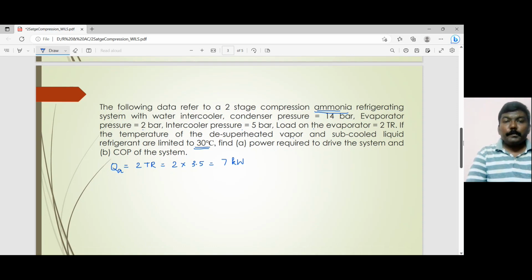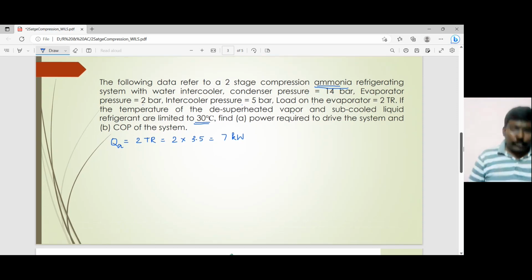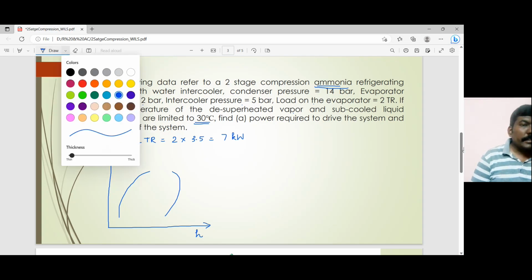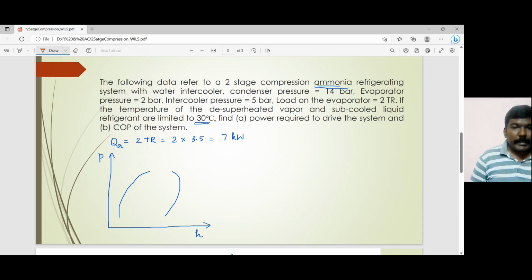Okay, so now if you draw the pH chart for that, just like we saw in the previous slide, let me use another color for the processes. I start with point number 1.